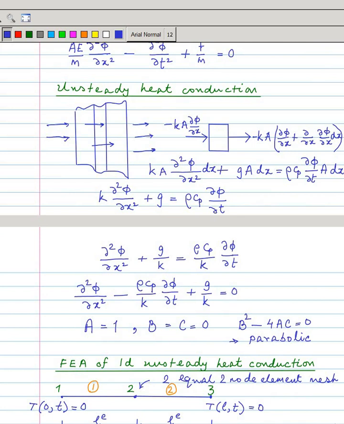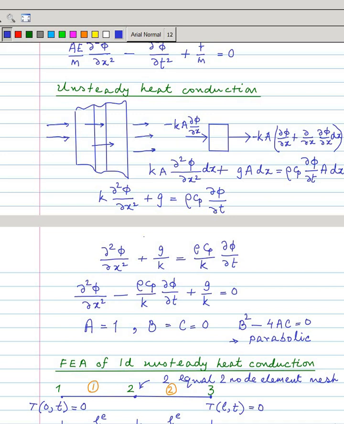And see here the del 2 phi del t2 term is not there, but the del phi del t term is there. So you cast it in this form, and here you see a equal to 1, b equal to 0 and c is also equal to 0. So b square minus 4ac is 0. So this is a parabolic type of equation.